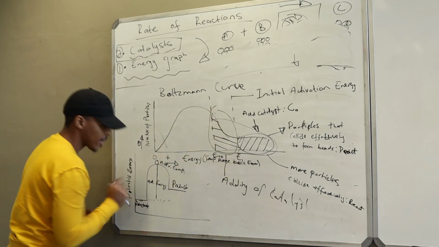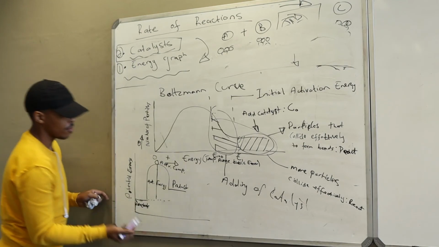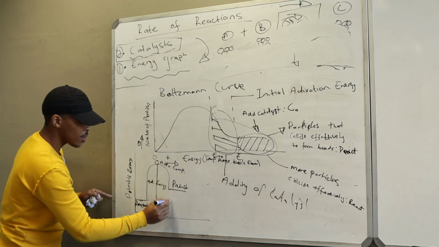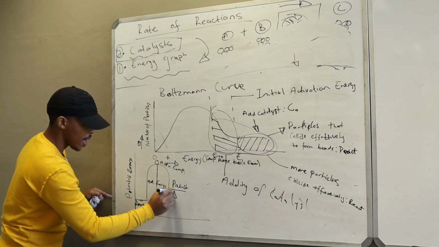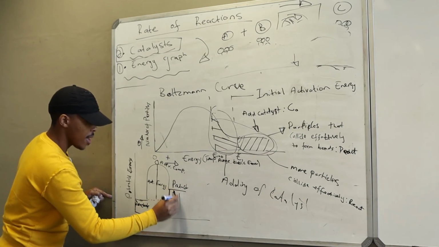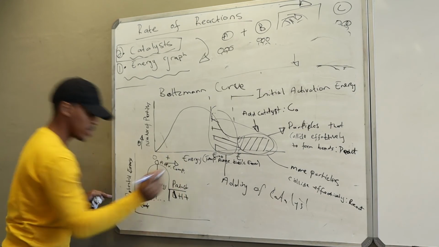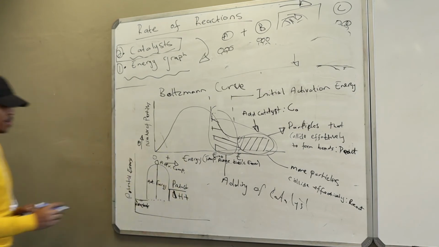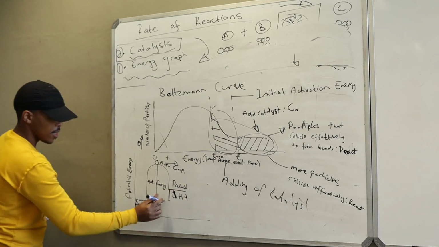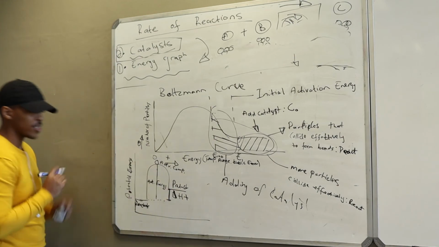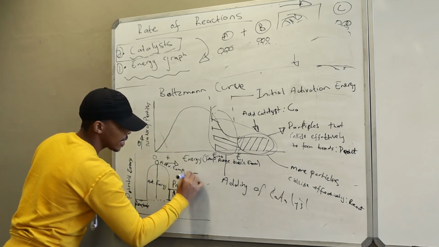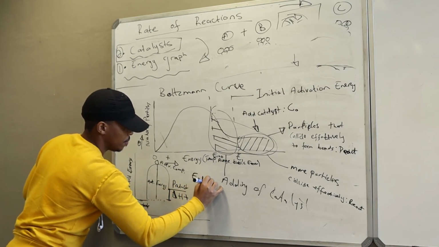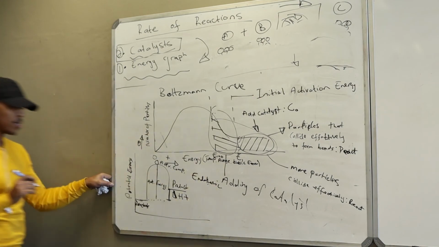What's going to happen if we add a catalyst to the reaction is that obviously, what kind of reaction is this? This is the difference, right? It's going to say enthalpy. Enthalpy is positive, right? Enthalpy is positive there, obviously. So what kind of reaction is this? This is an endothermic reaction, right?